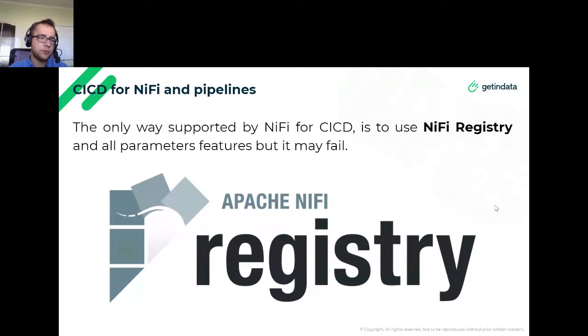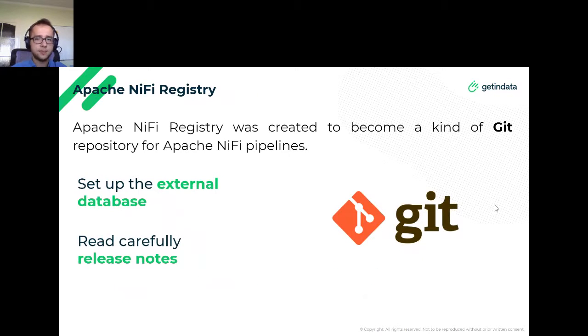One of the most challenging things in the NiFi world is CI/CD. Previously, when there was no NiFi Registry, it was a painful process. Currently, fortunately, we have the NiFi Registry that can be used to store and manage all of the CI/CD pipelines.